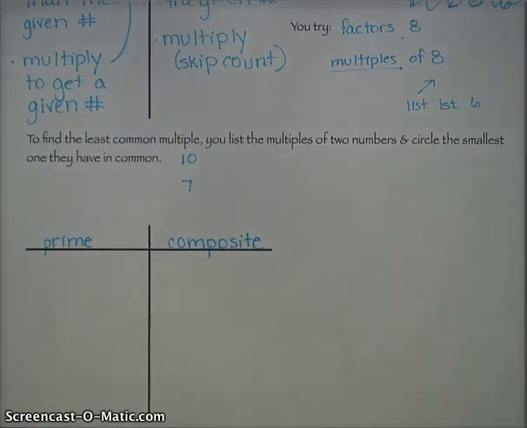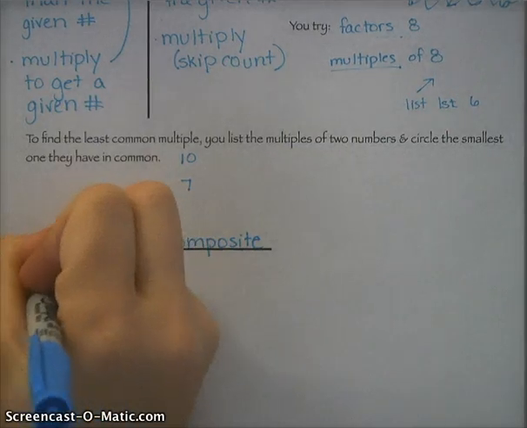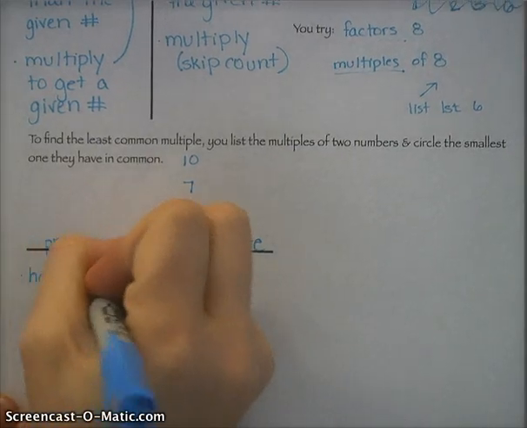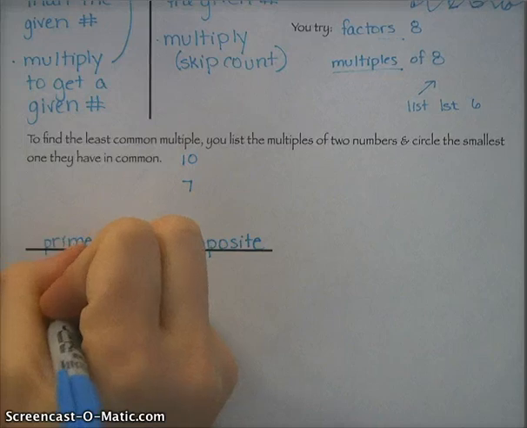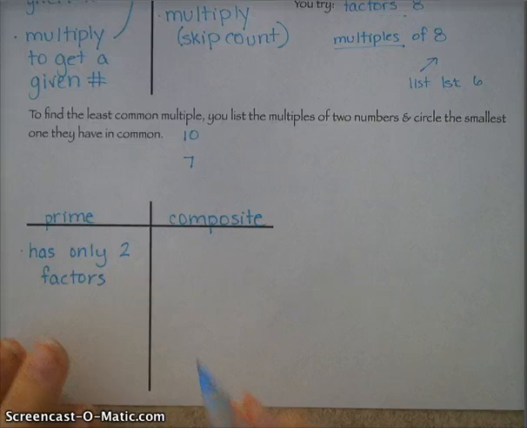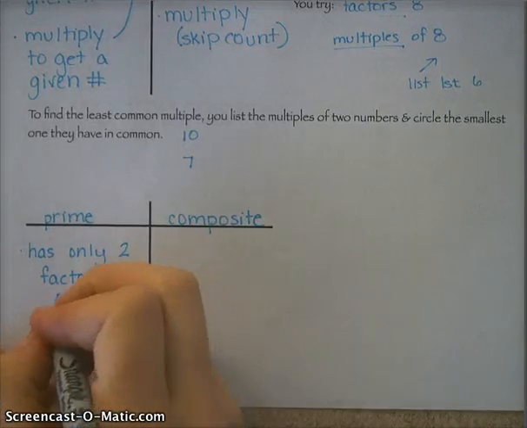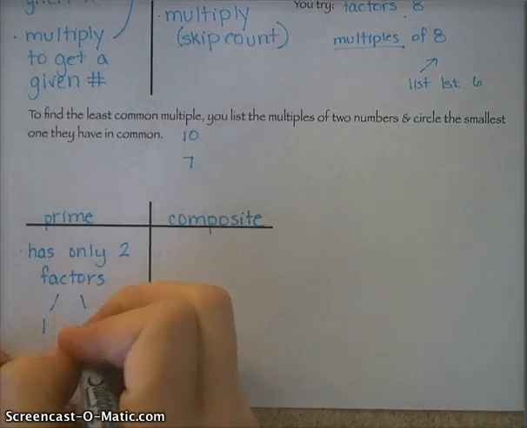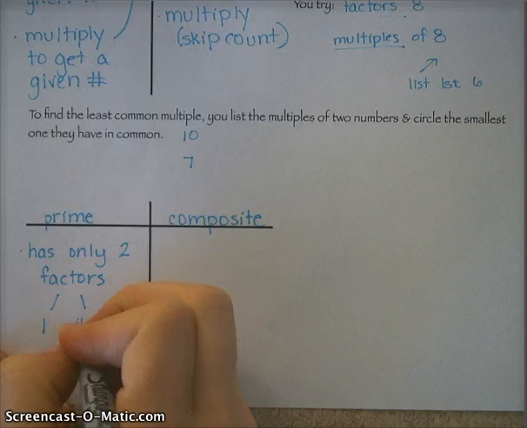So these are actually quite easy to remember. A prime number simply is any number that has only 2 factors. And the factors of a prime number are 1 and then itself, whatever the number is.